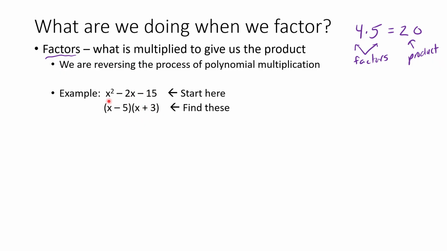In factoring, you start with the x squared minus 2x minus 15 and find the x minus 5 and the x plus 3. Again, there's only one correct combination of factors. It doesn't matter what order they're in. You could have x minus 5 times x plus 3 or x plus 3 times x minus 5. The order doesn't matter, but those would have to be the correct factors. So we're reversing that process.